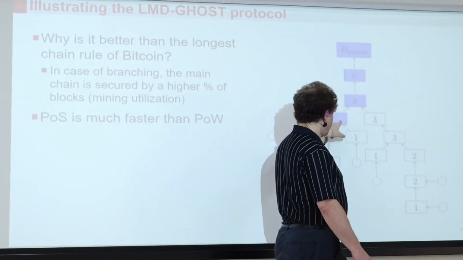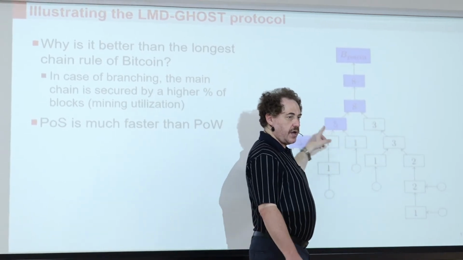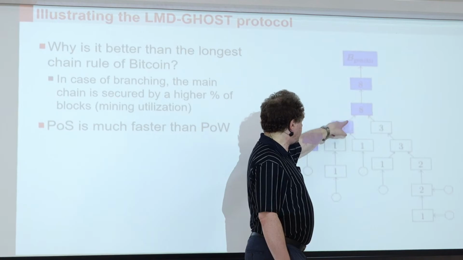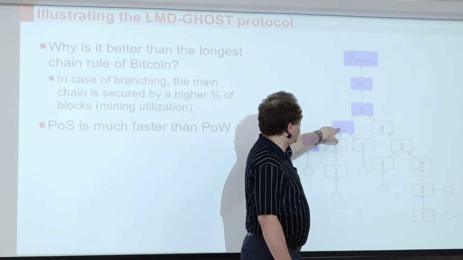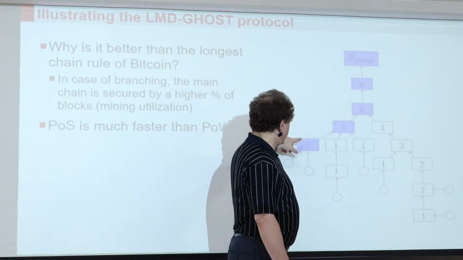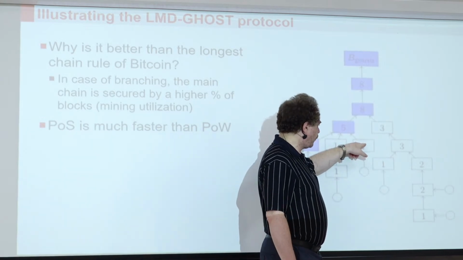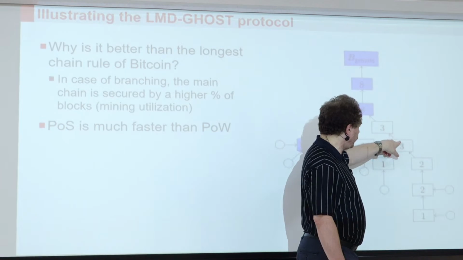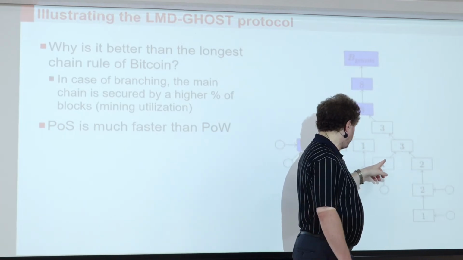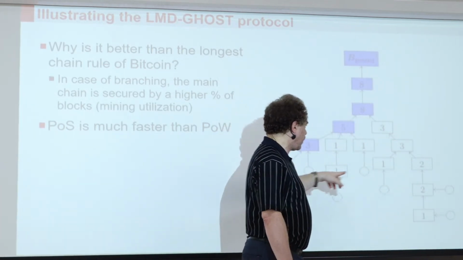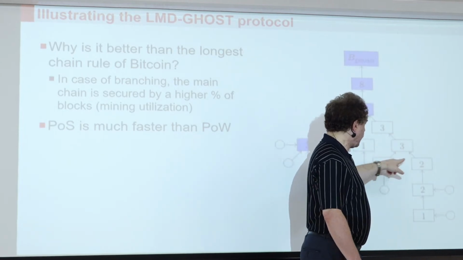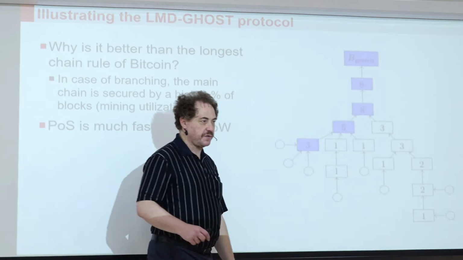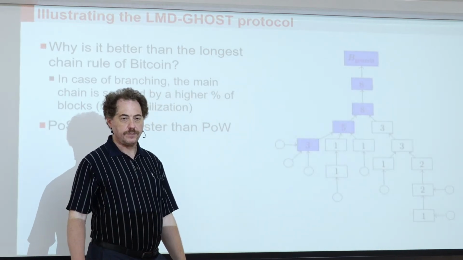Then the branching starts. Two alternative versions at height 3. And on this version of block 3, we have 3 different versions of block 4. Under this version of block 3, we have just one version of block 4. But at height 5, here we have repeated versions. So we have nested branching.